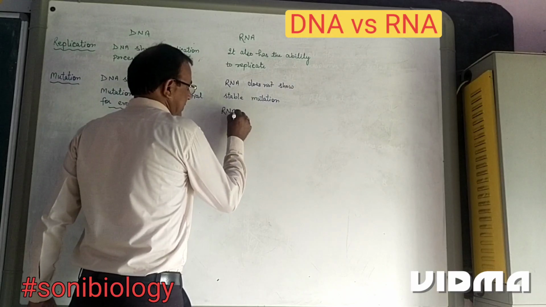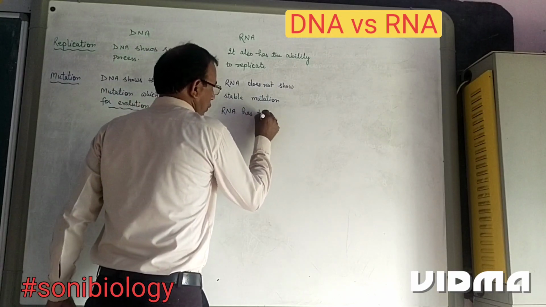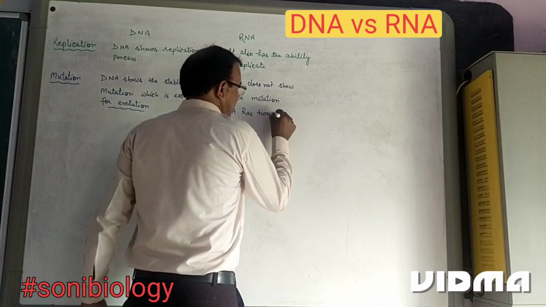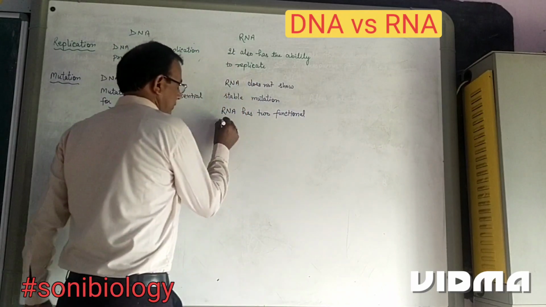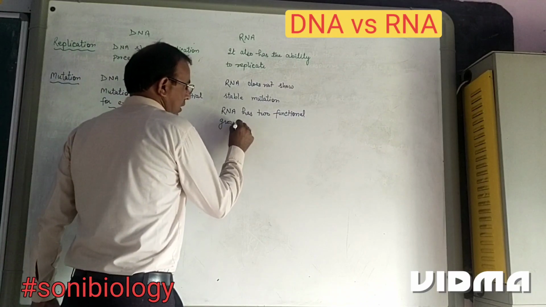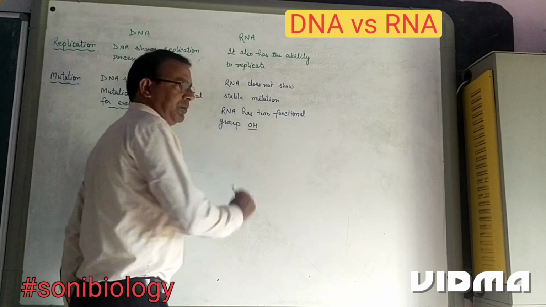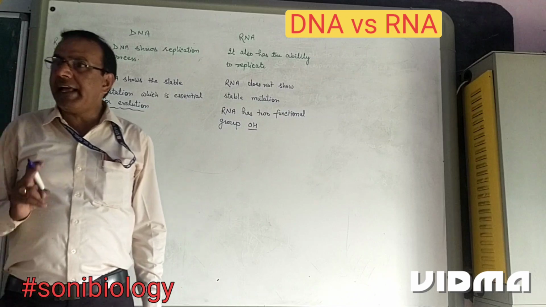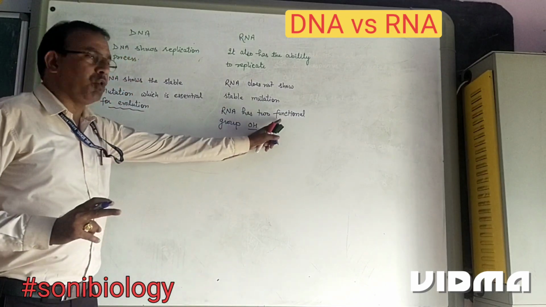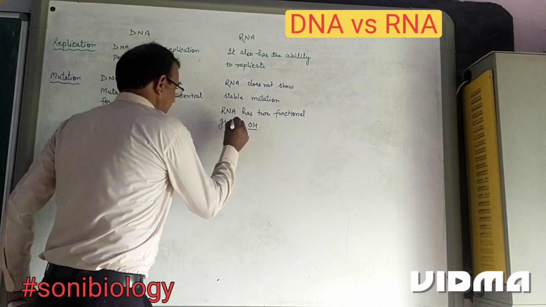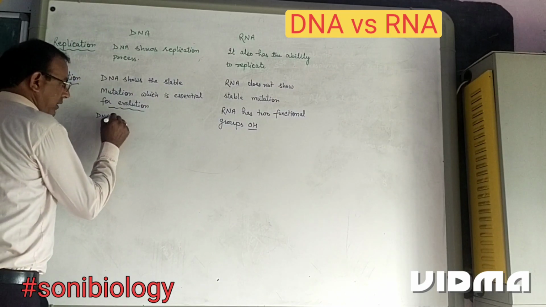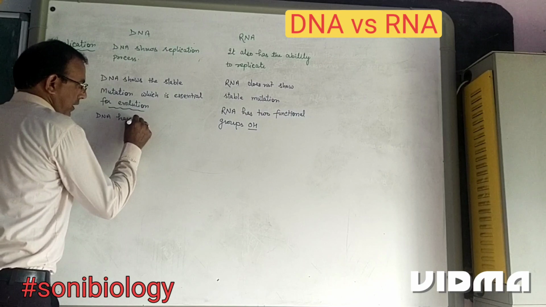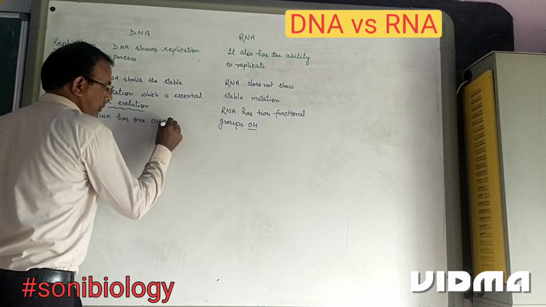RNA has two functional groups, the hydroxyl functional groups, whereas DNA has only one. RNA has two OH groups, and DNA has one OH group.